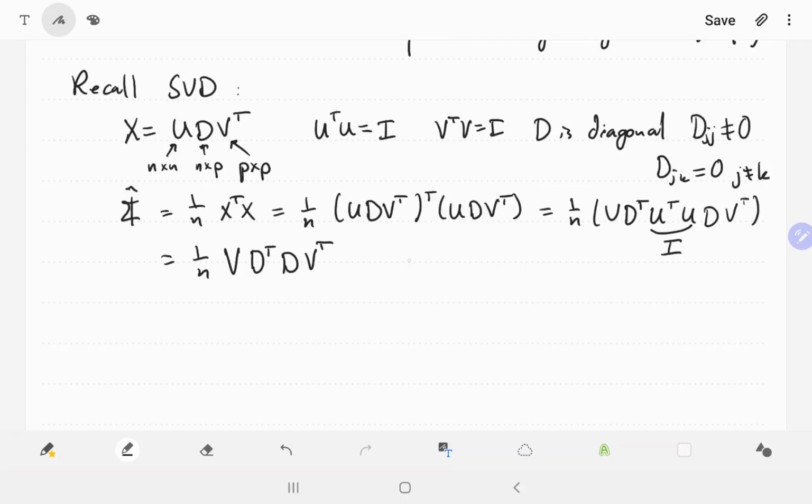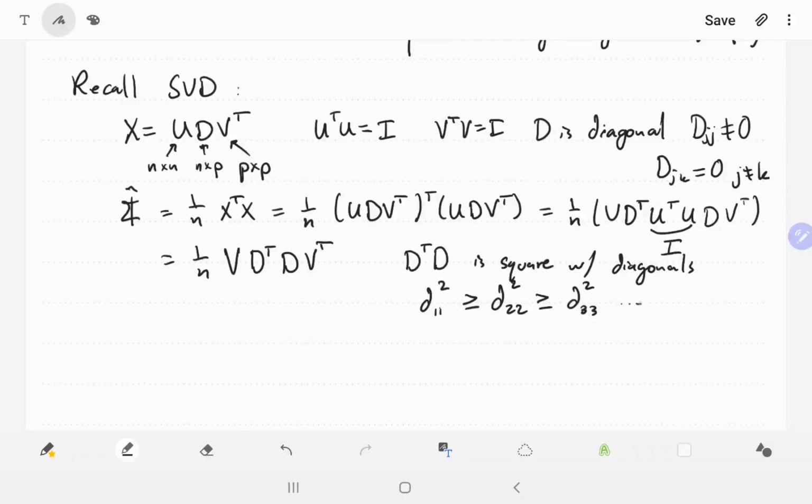And if you look at D transpose D, it is square with diagonals D11 squared, D22 squared, D33 squared, and so on, where these are the diagonal elements.